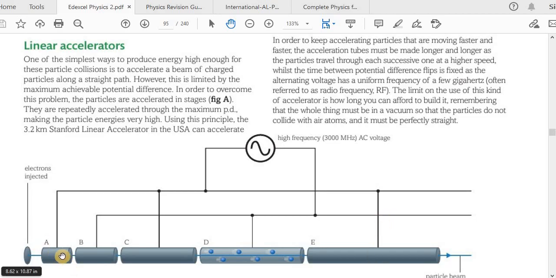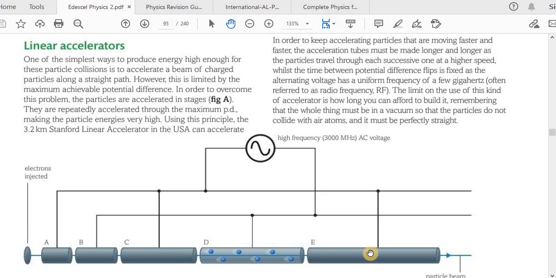If you have an electron here starting at rest, once it comes here it will have the maximum kinetic energy, because it is accelerated through a certain potential difference, and that we found is eV. The charge of the electron times the potential difference gives you the amount of energy given to the electron, which is equal to the kinetic energy gained by the electron. We have seen this in a previous lesson.